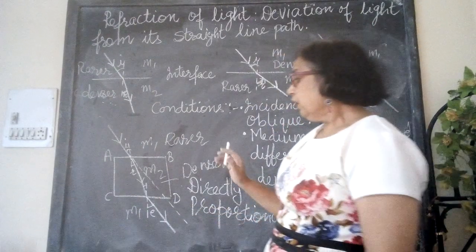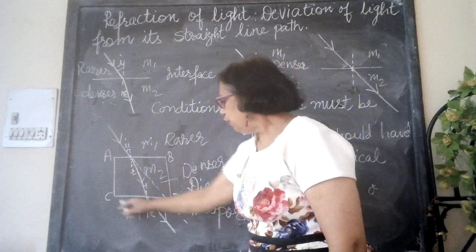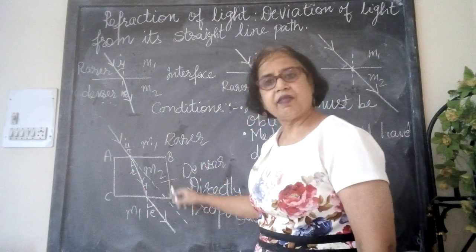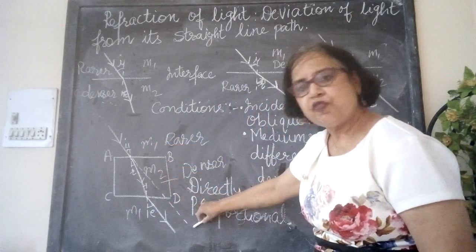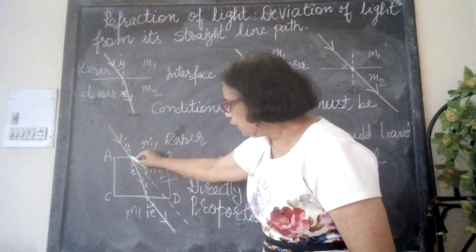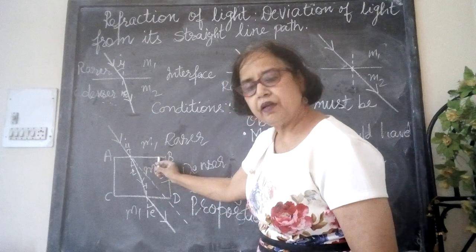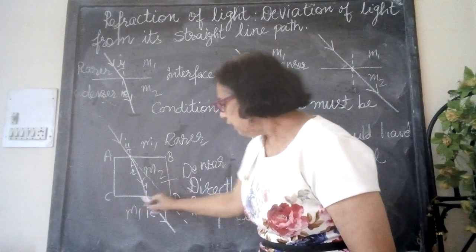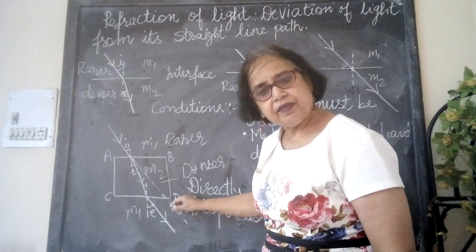Now, if there had been no glass slab, this incident ray would have followed this path. But due to the presence of the slab, it first deviated towards the normal at the interface AB. Then it deviated away from the normal at the interface CD.